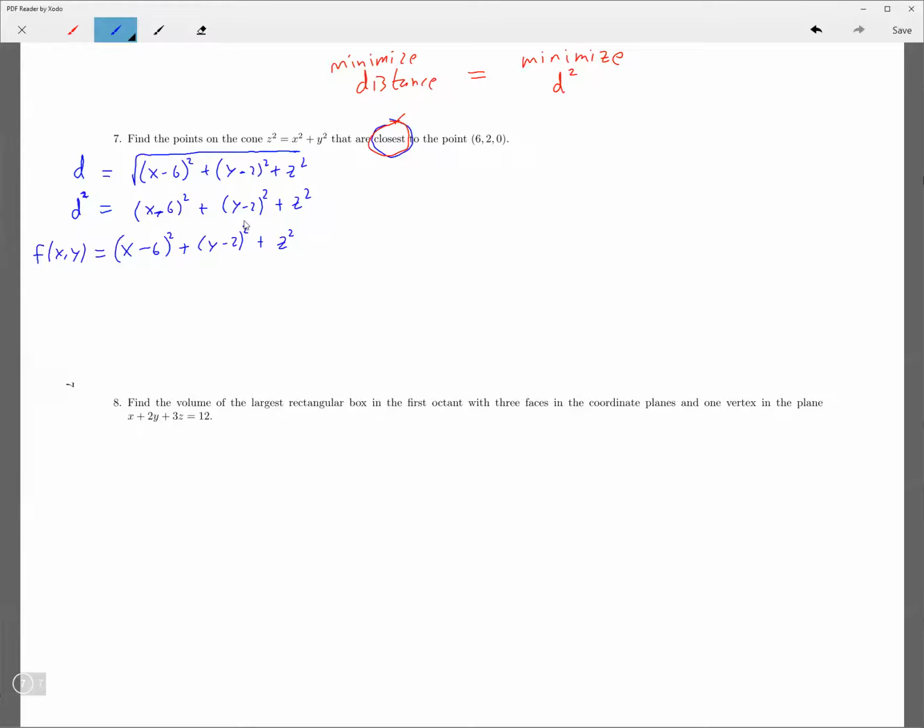This is actually a function of x, y, and z, but the thing to do would be to replace this z squared with this. Because z squared is equal to x squared plus y squared, you replace that one with x squared plus y squared. And then at that point, you have a function in x and y.